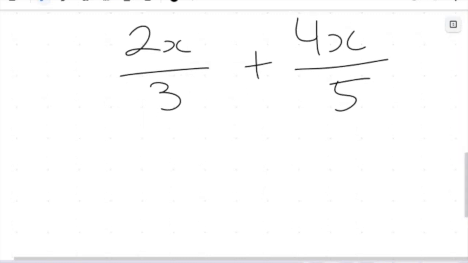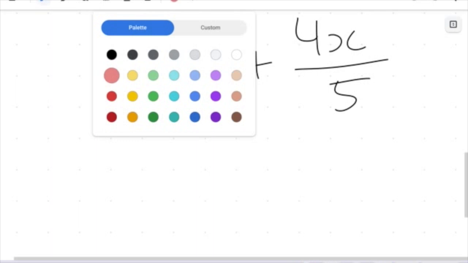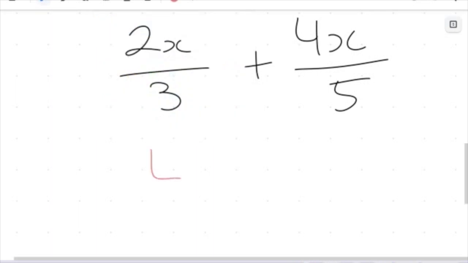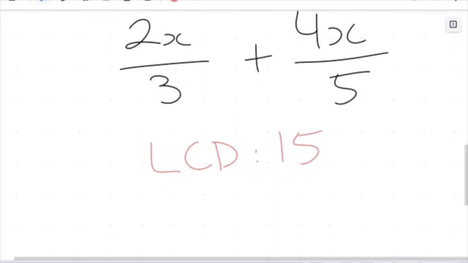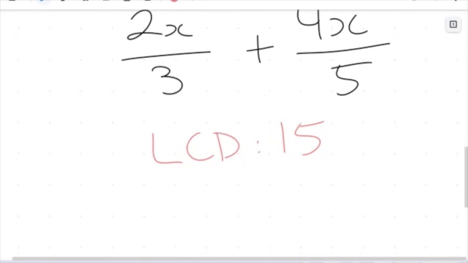What would change here? Well, I know that both of these numerators are multiplying by x, so that just means another number's being made. But that doesn't really affect our actual working through of the question and adding these together, because we still want to find the lowest common denominator, which is still 15, and I just want to make these into equivalent fractions with 15 as the denominator.